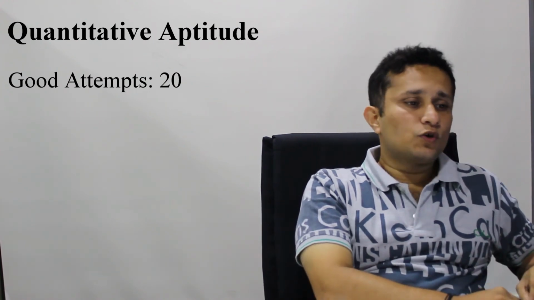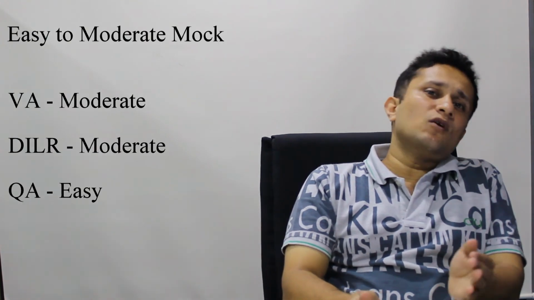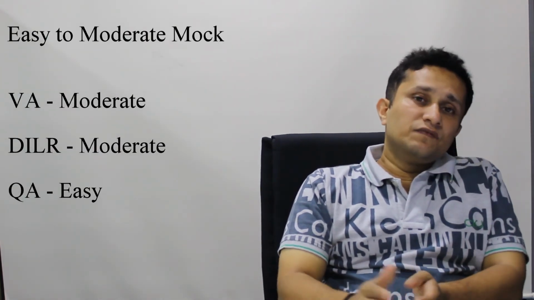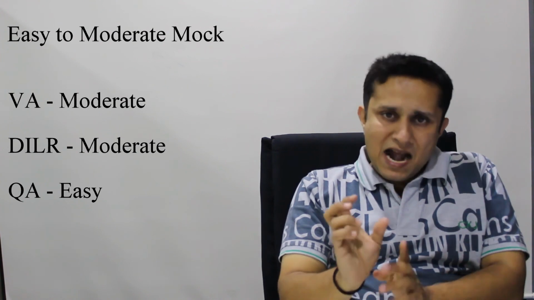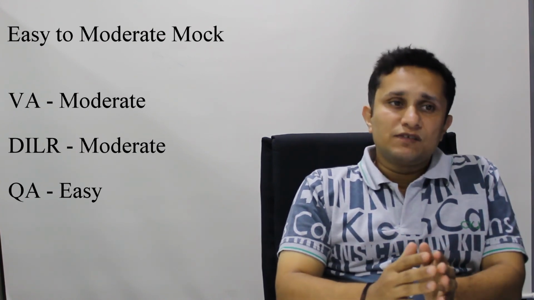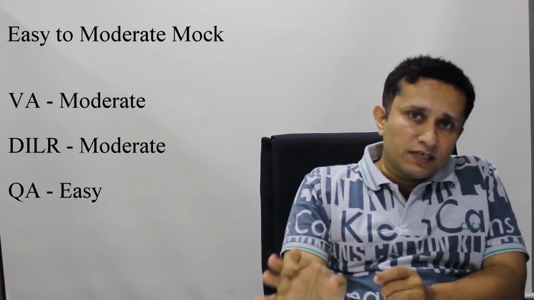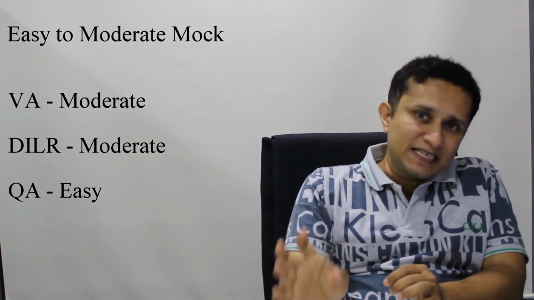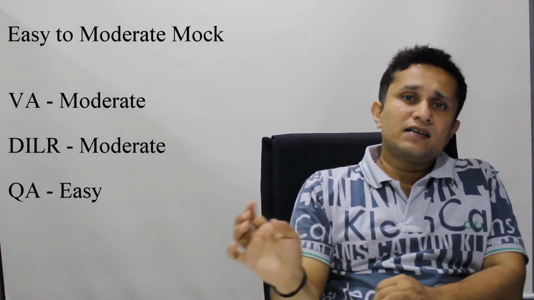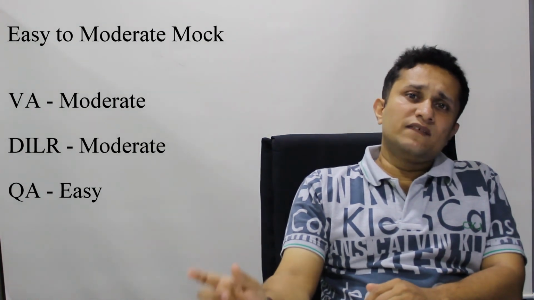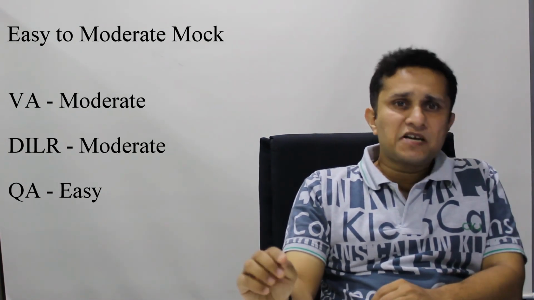On the whole, if you were to ask me, this mock was an easy to moderate mock, tending on the easier side, with a moderate, at par with CAT difficulty level for verbal, a moderate difficulty level for DILR, which would be easier compared to CAT, and an easy level for quant, which would be nearly at par with CAT.